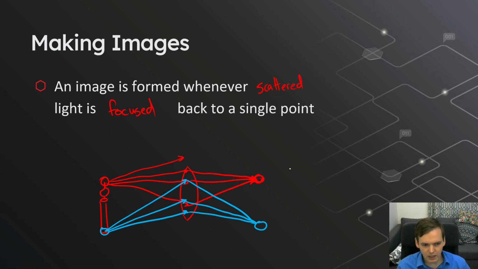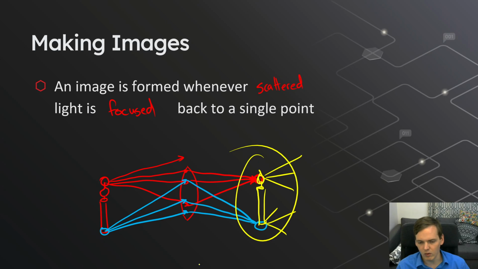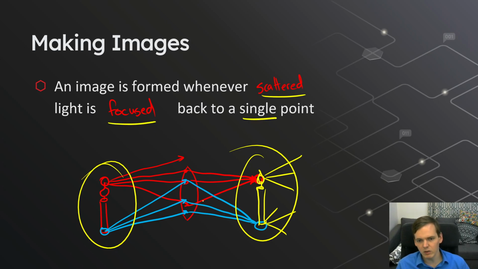Effectively, on the other side, we get an image of the candle forming, because all the light that was leaving the candle comes back together, and actually it keeps continuing along its way. As far as our eyes are concerned, it looks like the candle is located over here as well as over here. That's getting a little into the technical physics of it, but all you need to care about is that if we take scattered light and focus it back to a single point, then we can create an image.